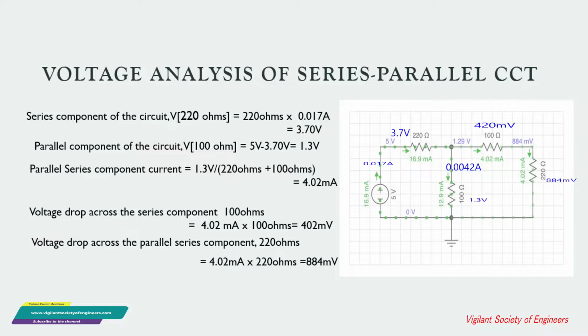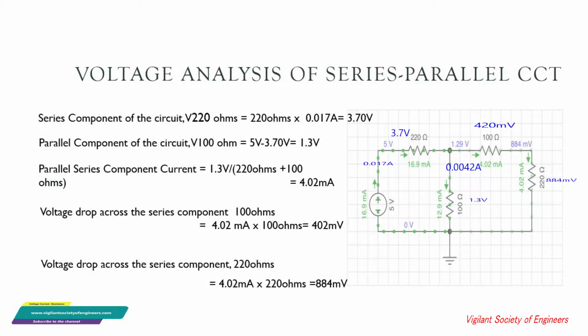As we calculated earlier, that value was 0.017 amps. So 0.017 amps times 220 ohms would yield roughly 3.7 volts.